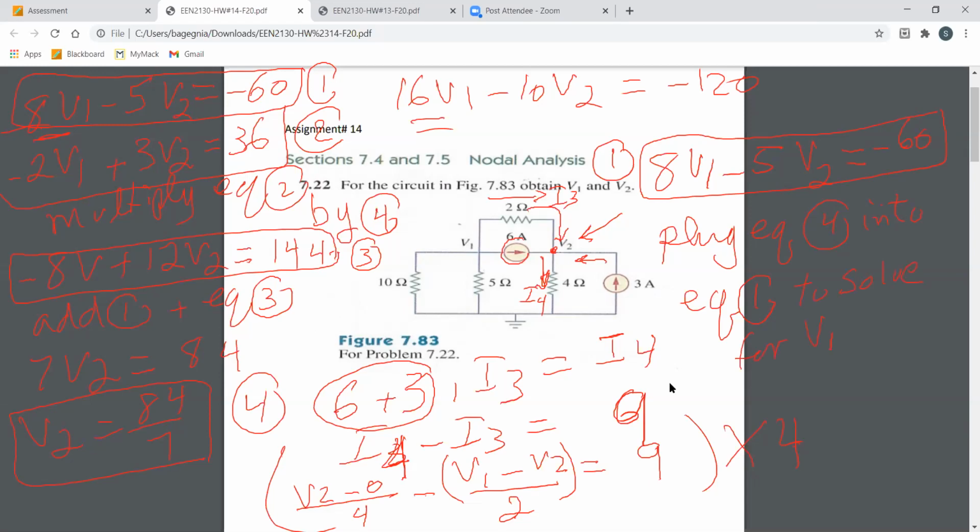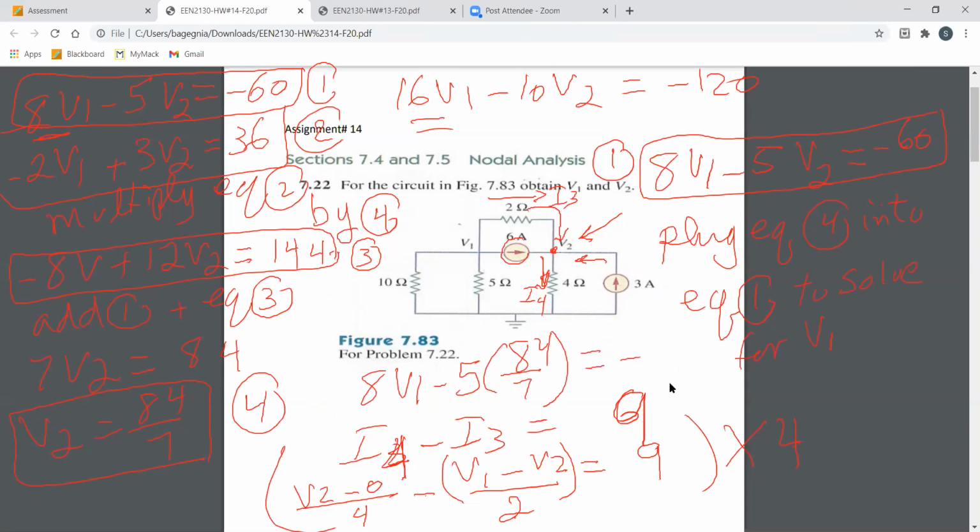Then start plugging: 8V1 minus 5 times 84 over 7 equals minus 60. Then use your calculator and find V1.